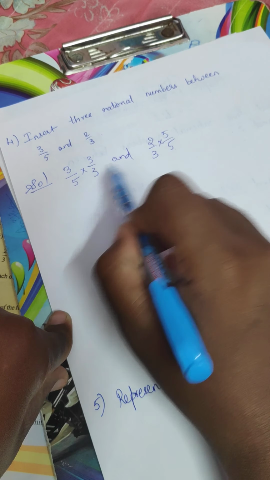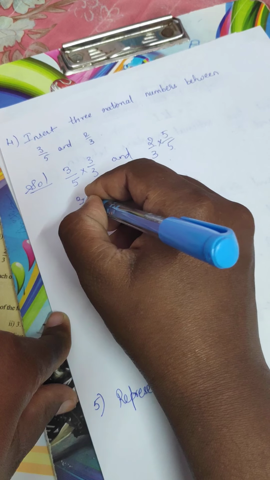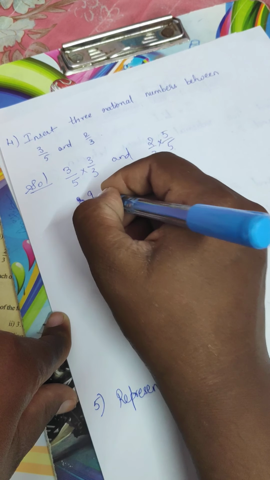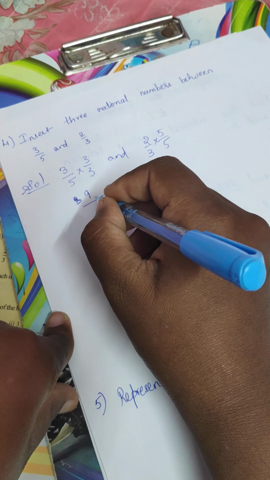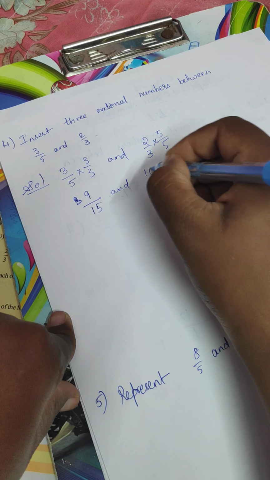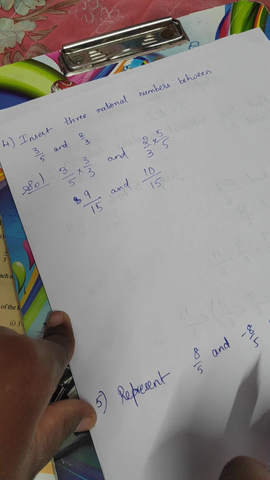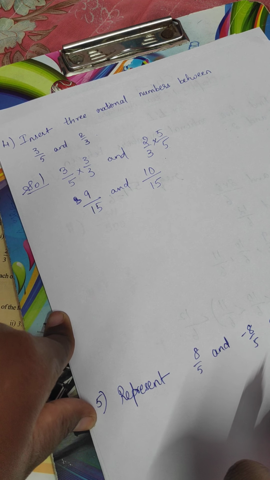The denominators become equal here. Then we will write this as 3 3s are 9, 3 5s are 15, and 5 2s are 10, 15. So 9 by 15 and 10 by 15 are the 2 required numbers.